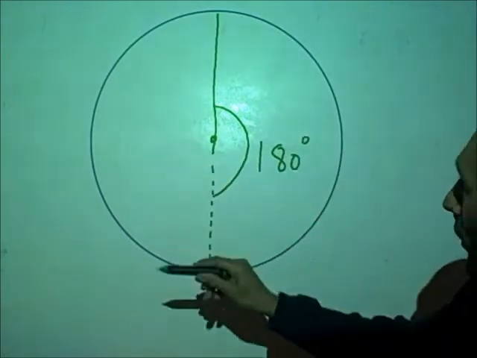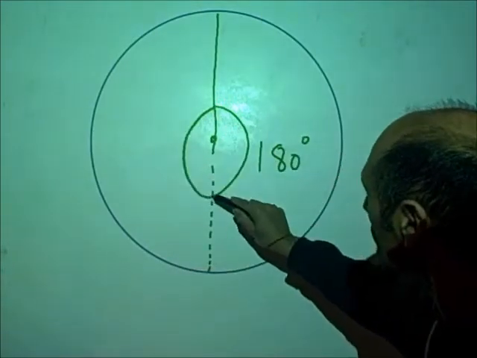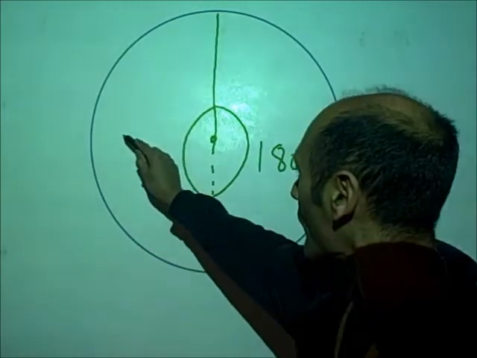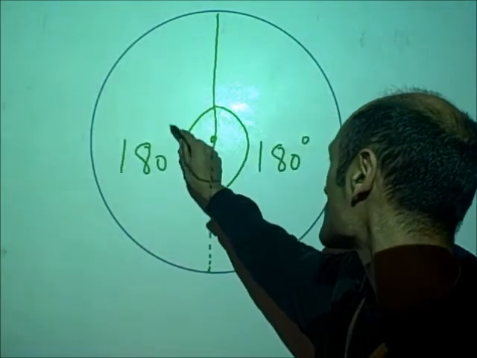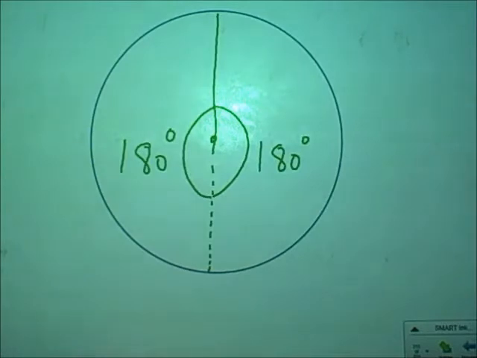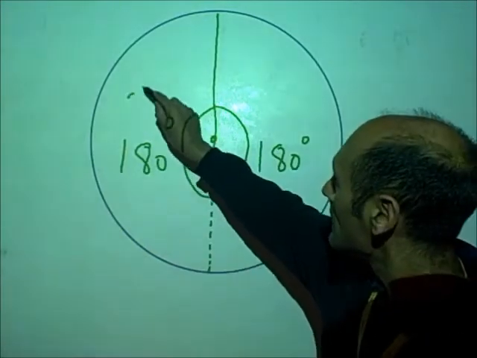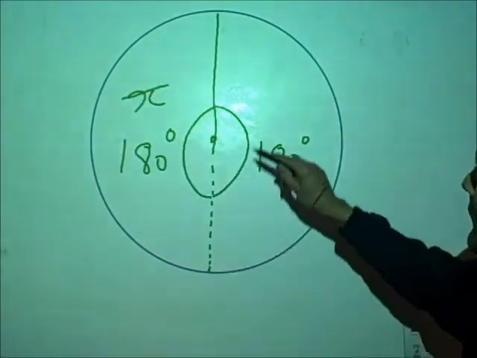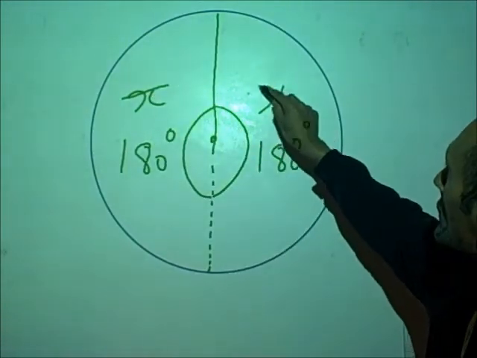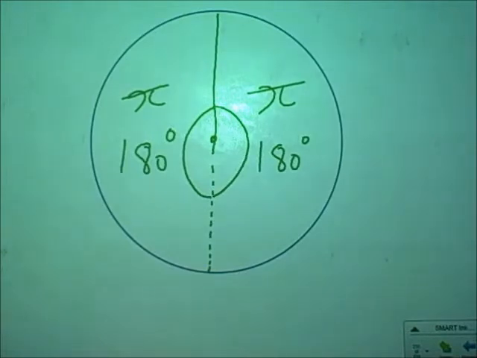And on the other side, the angle is 180 degrees. Do so on your diagrams now. We refer to that as pi, and we refer to that half of the circle as pi as well. Make a note to that effect.